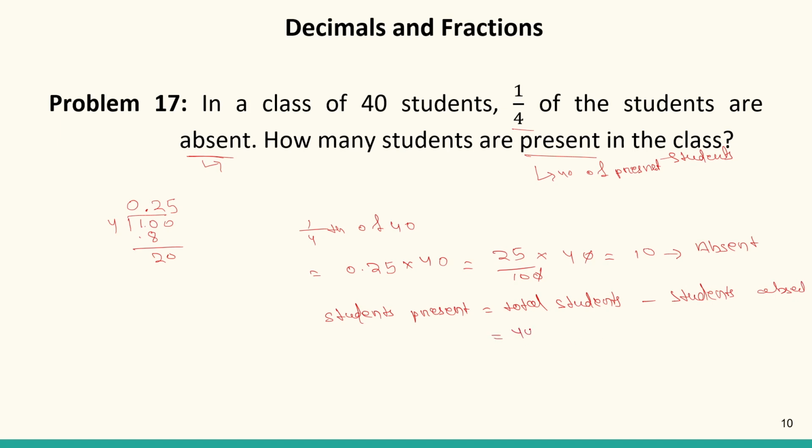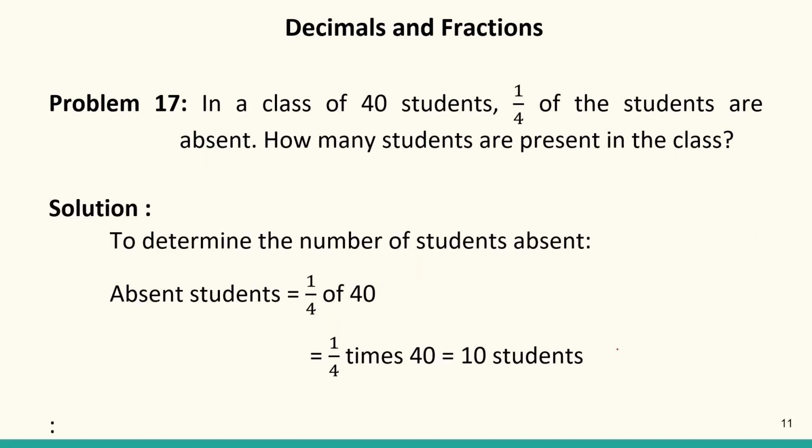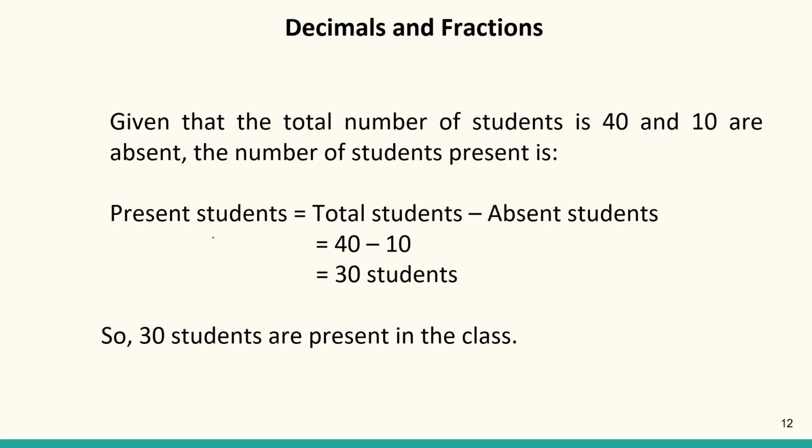This is equal to 40 minus 10, which is equal to 30. So 30 is the final answer. Absent students are 1 by 4 of 40, and 1 by 4 times 40 is equal to 10 students. We use the formula: present students is equal to total students minus absent students, that is 40 minus 10 is equal to 30 students. So 30 students are currently present in the class.